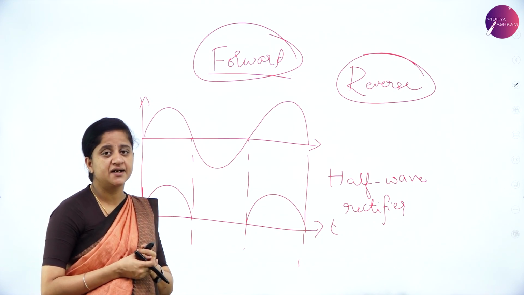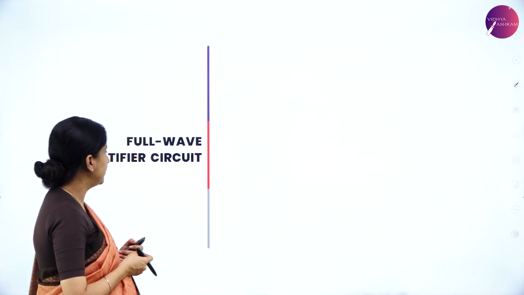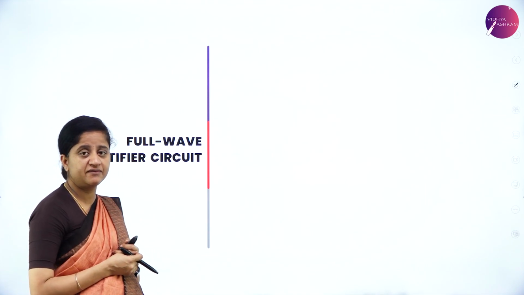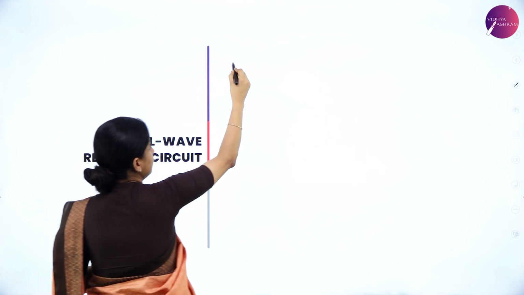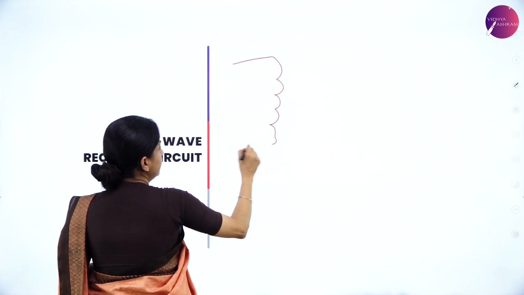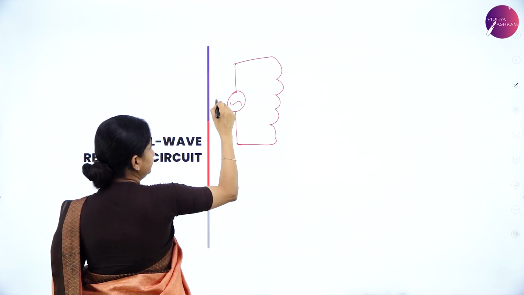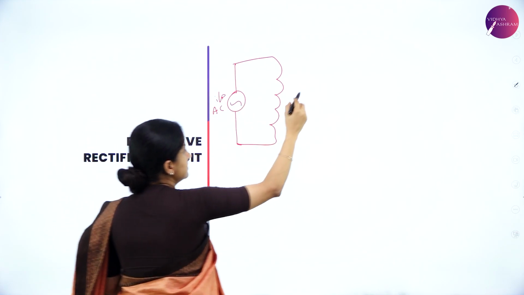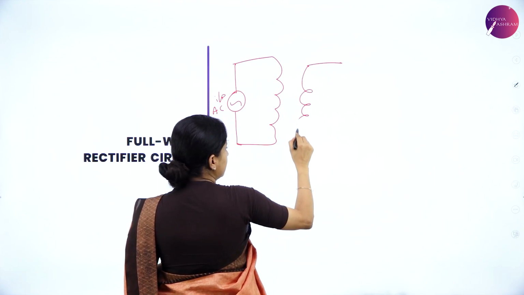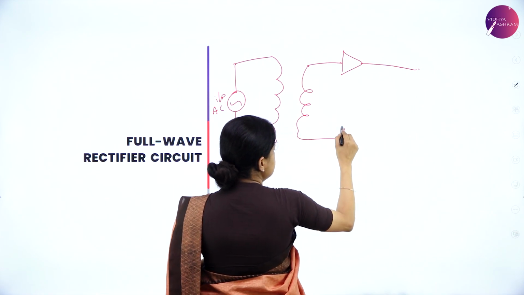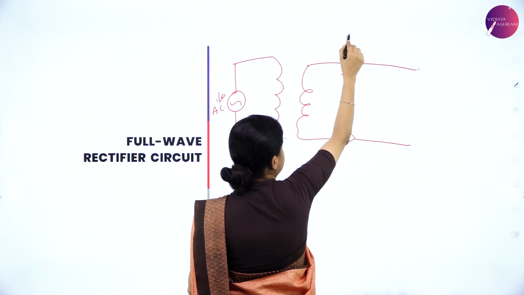Let's now understand the mechanism of the full wave rectifier circuit. So let us now draw the circuit for the full wave rectifier. Again, it consists of a primary transformer where the input AC signal will be sent, and a secondary transformer, but it consists of two diodes, that is D1 and D2.